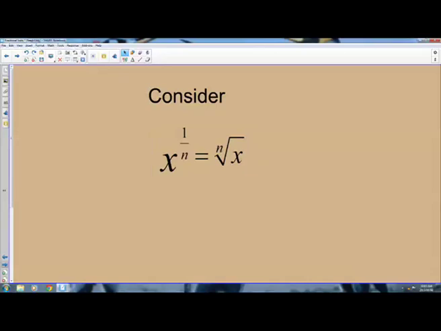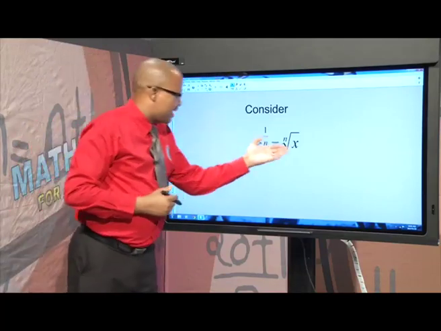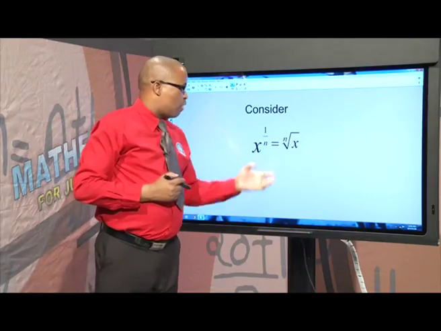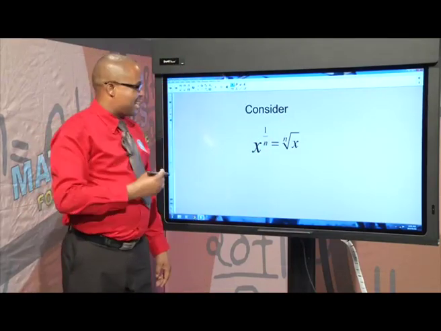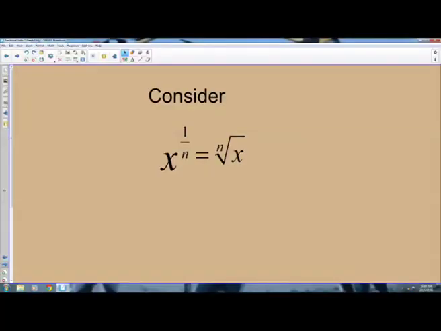What this simply means is you are to find a number such that when you multiply that number n times, you will get the number x. And we read this as the nth root of x. It simply says find a number such that when you multiply that number n times, you are going to get the number x. And then to elaborate on this, let us have a look at some examples which I believe will help us understand this concept further.